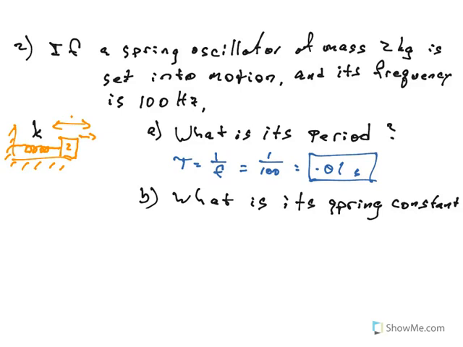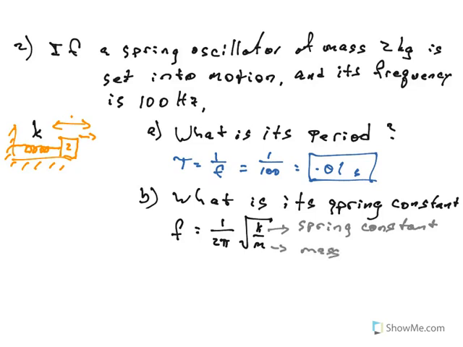So, I know the frequency of a spring oscillator is given as 1 divided by 2 pi square root of K over M. For this equation, K is the spring constant, and M is the mass of the block. Sometimes, of course, you'll see the period is 2 pi square root of M over K, because people don't like 2 pi in the bottom.